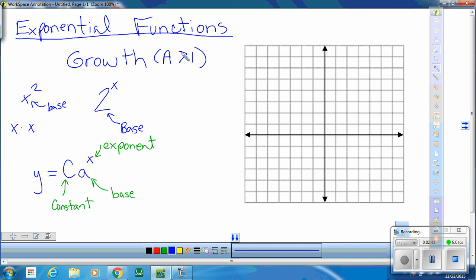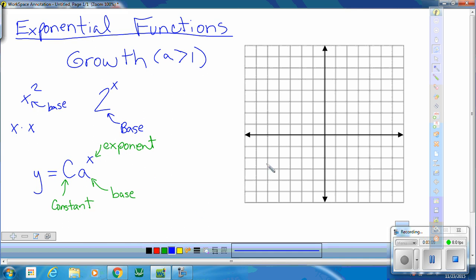All right? So if that base, the a, is greater than 1, then we know that we are dealing with exponential growth. And as you can probably figure out, if it's less than 1, then we're dealing with decay. But this is the idea, exponential growth, a is bigger than 1.